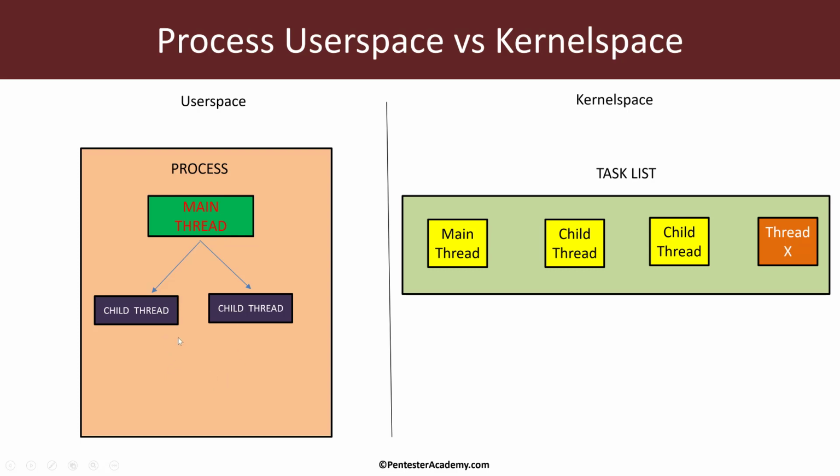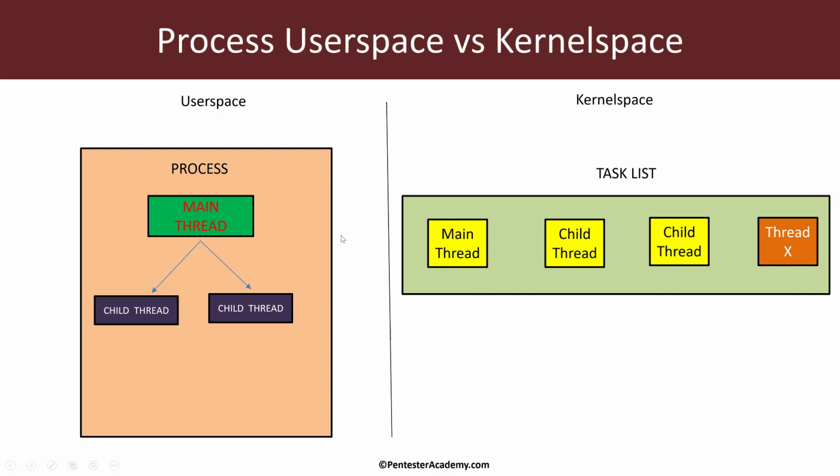So in kernel space, it's actually a bit different. In kernel space, we don't treat this process container as a single unit. Rather, we end up treating each of these threads as a single unit. So internally inside the kernel, each of these threads is really represented by an individual task structure.